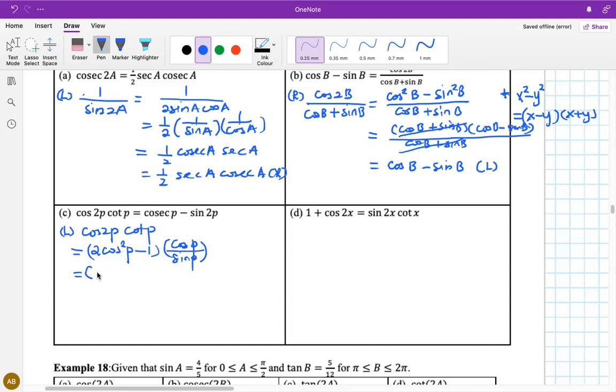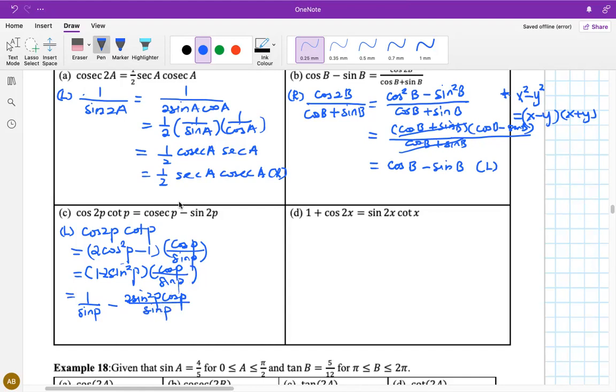So I have to change into 1 minus 2 sine square p times cos p over sine p. So when you multiply, you get 1 over sine p, then minus 2 sine square p cos p over sine p.